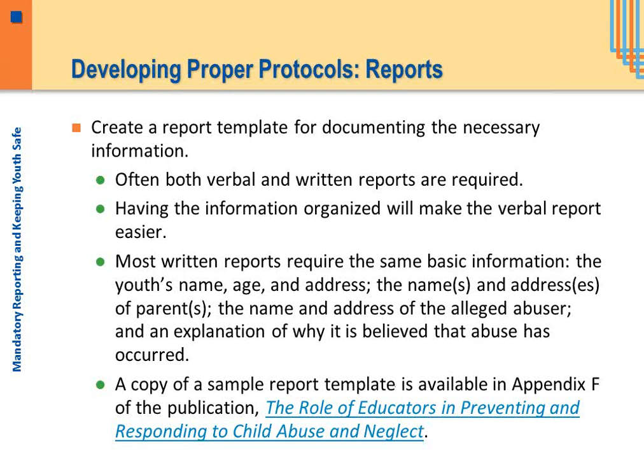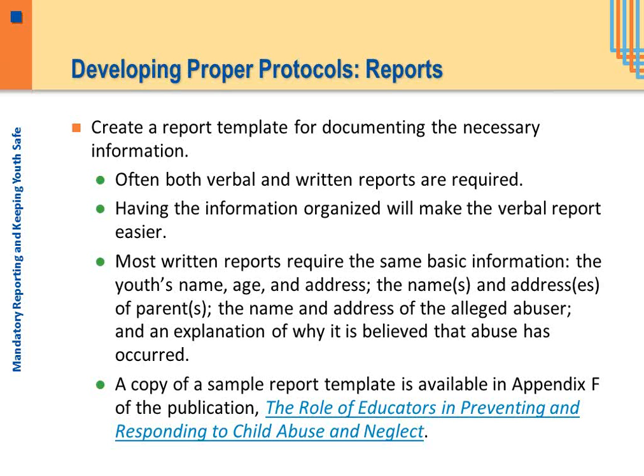You want to create a report template, so you need to know, within your state, what exactly you have to report and document. And we give you an example at the bottom of the slide of a report template. Usually both verbal and written reports are required.